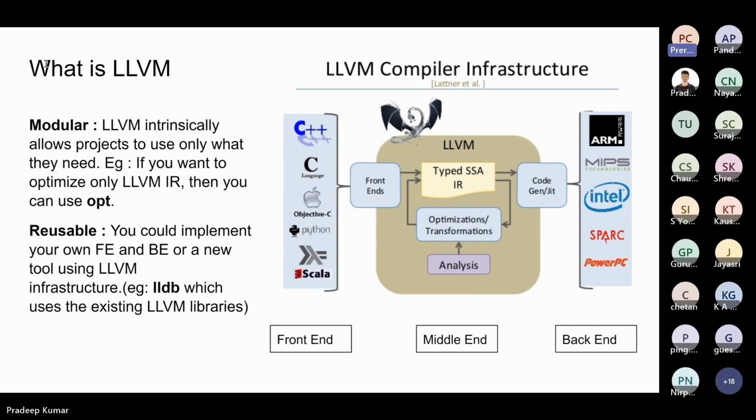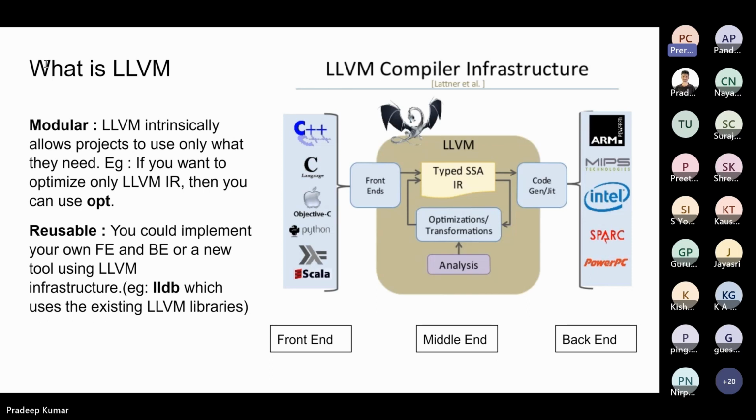And you already have the infrastructure to convert it into machine understandable code in place. So LLVM gives you that facility to convert it into a machine level language if you have just written the front end or the parser. And modularity is that, let's say you have everything in place, you just want to use a specific tool from it. Let's say you have some intermediate representation and you want to optimize it.